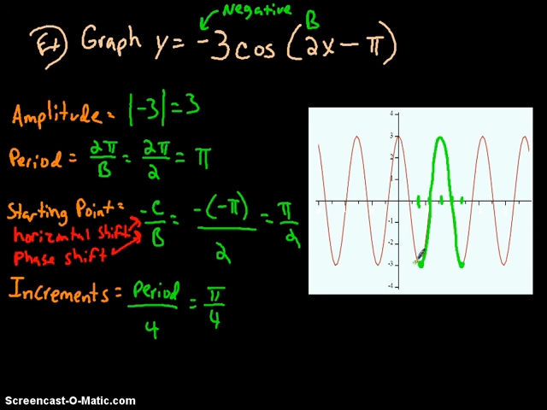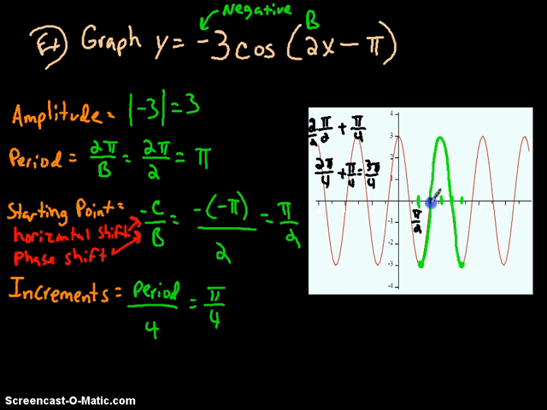Those increments, if you started here, which is actually pi over 2, each increment is pi over 4 from the last. So you basically have to take pi over 2 and add pi over 4 to it. To get the same denominators, multiply this one by 2 over 2, making it 2 pi over 4, plus pi over 4 is 3 pi over 4.